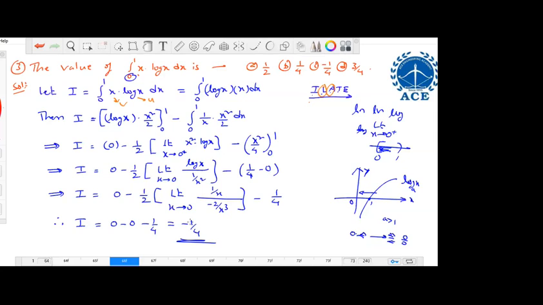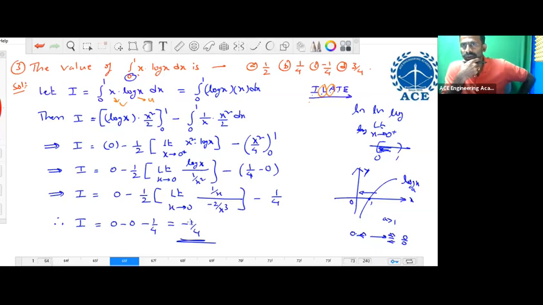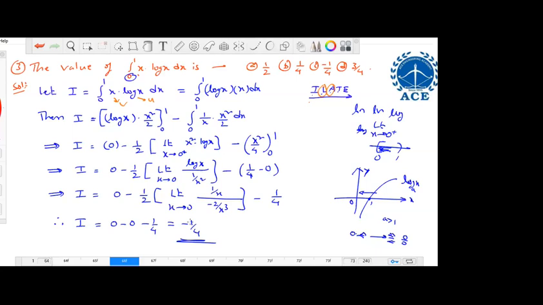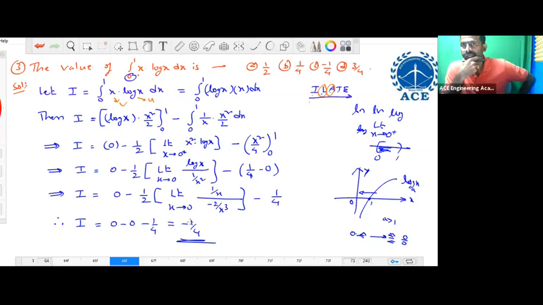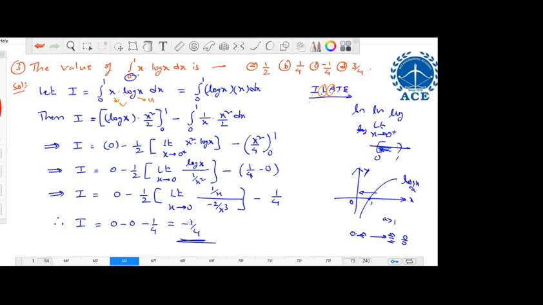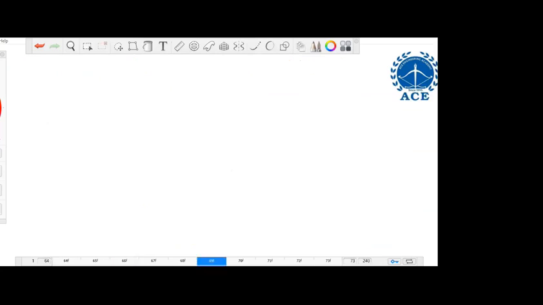One doubt: the integral of 1 by x dx is log x, no sir? Yeah. Then whenever we solve problems, we take log x or ln x, sir? Log x and ln x both are the same. If I write log x, I won't write the base e, because in calculus I am simply calculating.